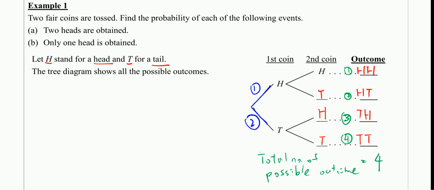Those 4 outcomes are the possible outcomes, and you can choose the favorable outcomes for you. This time, finding 2 heads obtained is part A, and only 1 head obtained is part B. Based on the tree diagram, for part A you can write down either the required probability or just copy the question.